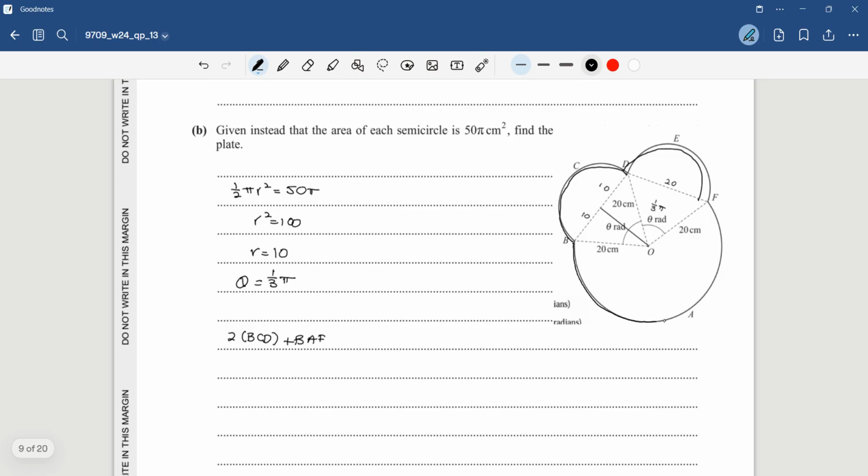Okay, so plus this. So 2 times pi r plus r theta. So it will be 2 bracket 10 pi plus my r is 20, theta will be 2 pi minus 2 over 3 pi.